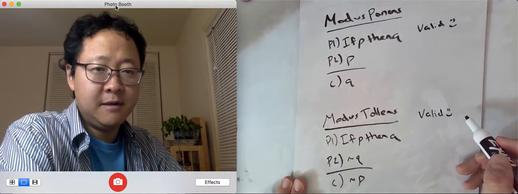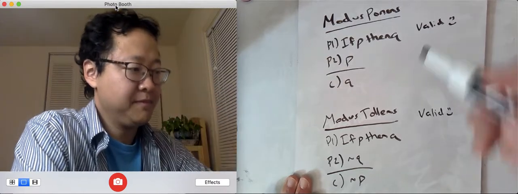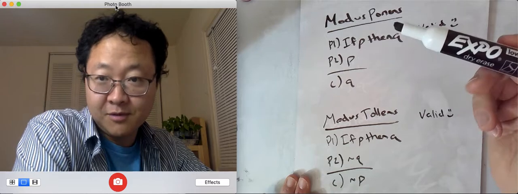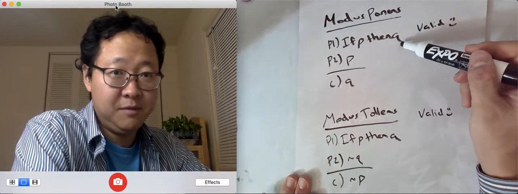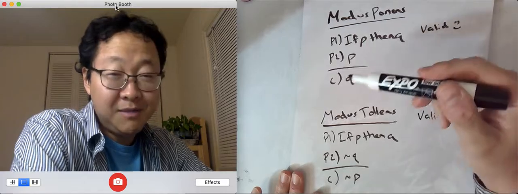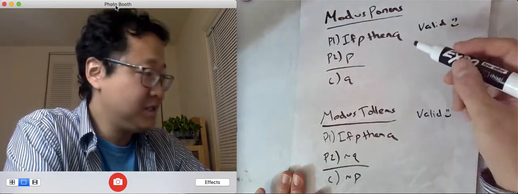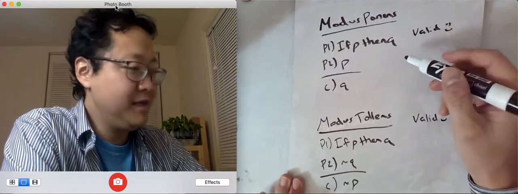All right. Now, here's something you want to watch out for. Notice if P then Q is a conditional, which we're familiar with now, there's an antecedent P and a consequent Q. Sometimes modus ponens can be called affirming the antecedent.